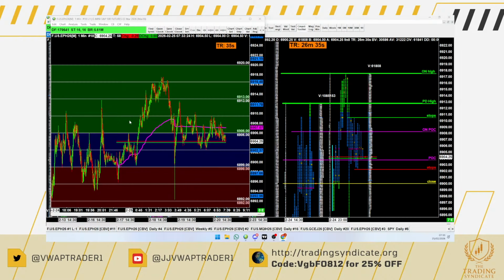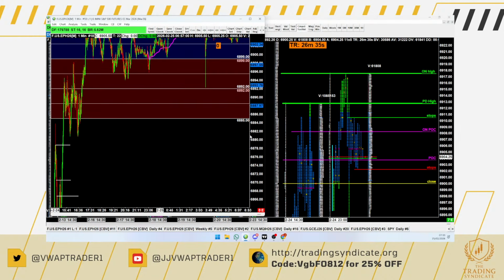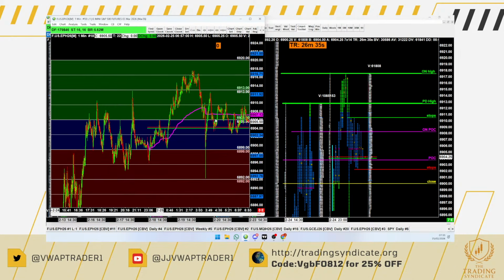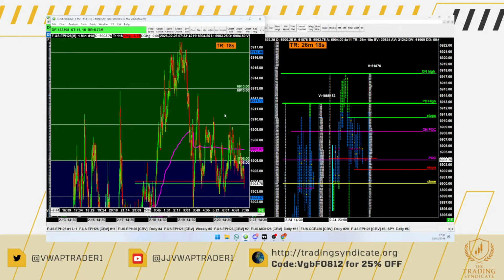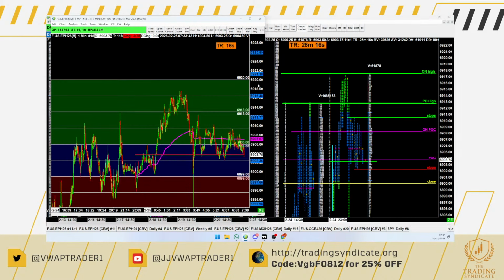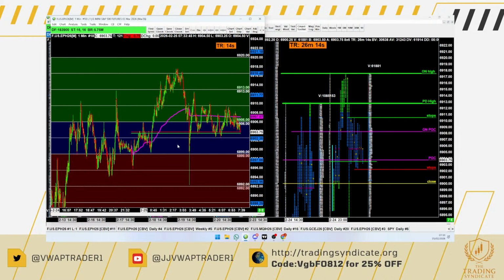The cost basis is right here, TradeMaker. Are you looking at my screen? Okay, so what are you having trouble seeing? The blue is the cost basis?